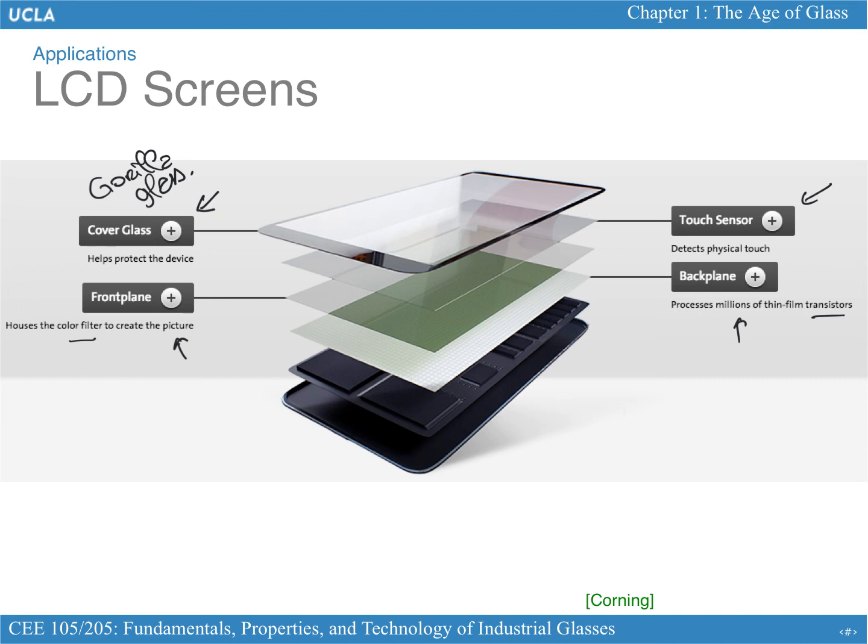Otherwise, if you deposit the pixel onto the glass substrate at high temperature, and then once you go back to room temperature the glass starts to shrink, that's going to cause some misalignment of the pixels, for example. So it's pretty important to ensure that as you heat or cool the glass, it's not going to change its dimension so much. So the resistance to change in temperature would be a very important characteristic of those display glasses, those glasses that are used as a back plane or front plane in LCD screens.